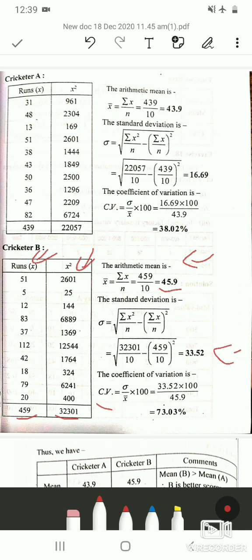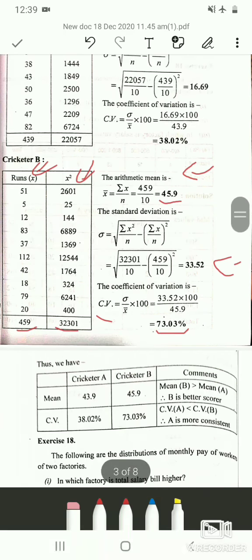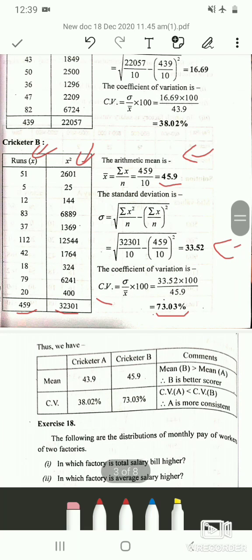Now you can substitute arithmetic mean and standard deviation in the formula of coefficient of variation, which is sigma divided by x bar into 100, and you will get the CV for cricketer B as 73.03%. Now it's time to compare the data. For cricketer A, we got mean as 43.9, and for cricketer B, we got the mean as 45.9.